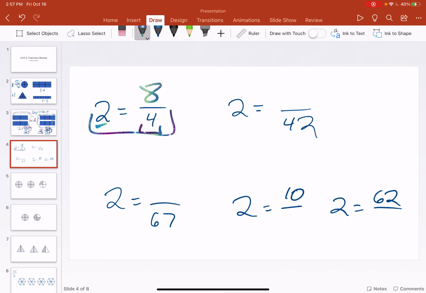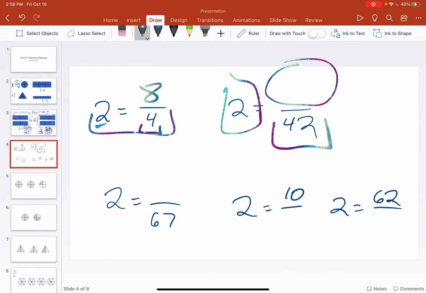Again, I have 2 whole pizzas, and they're cut into very small pieces. How many pieces are in total? Well, 2 times 2 is 4, and 4 times 2 is 8.